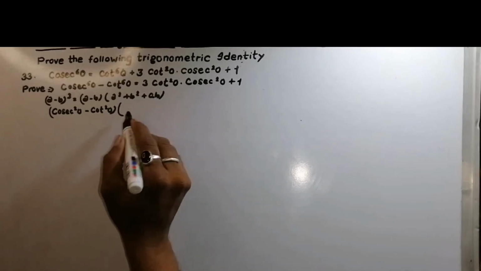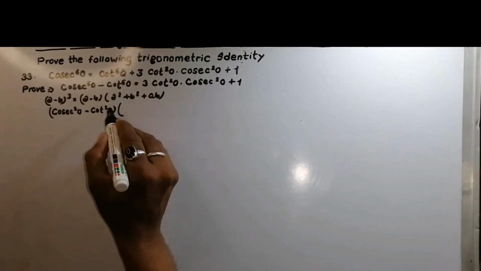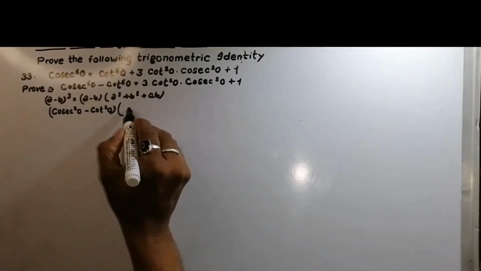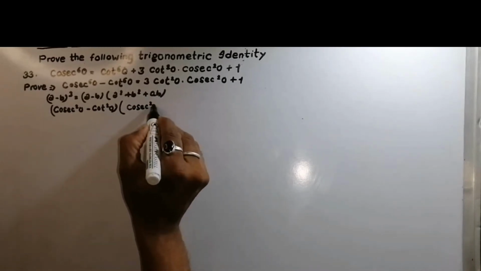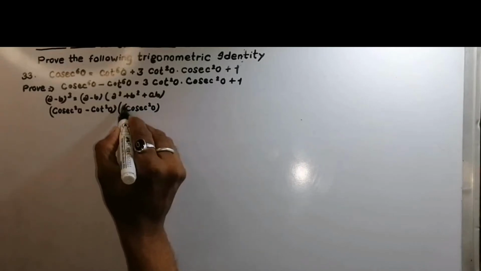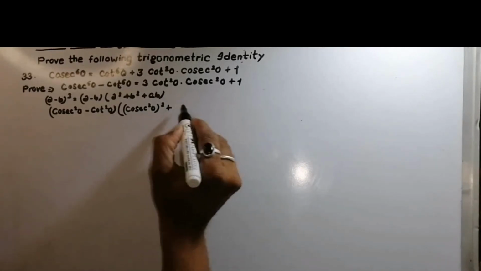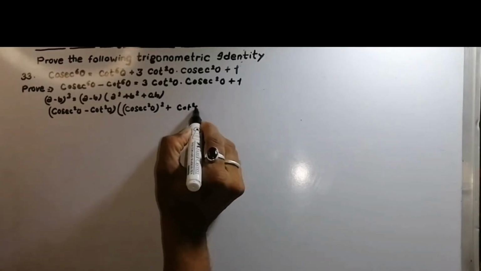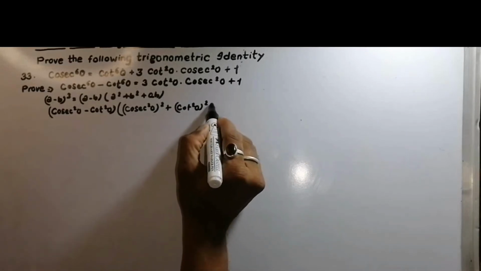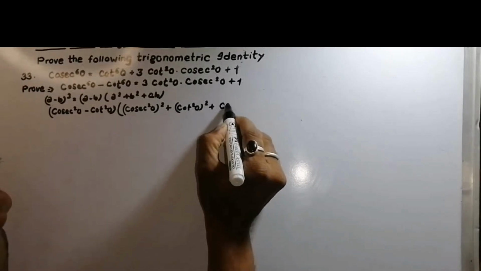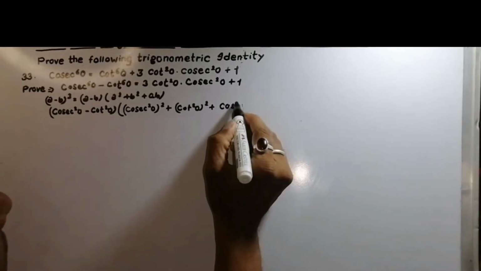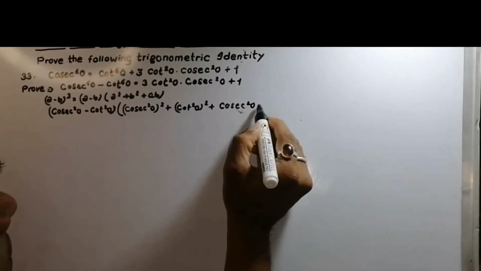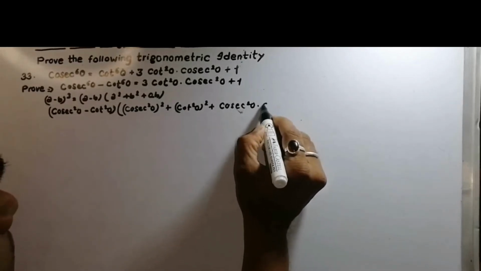and here we can write cosec square theta whole square plus cot square theta whole square plus cosec square theta into cot square theta.